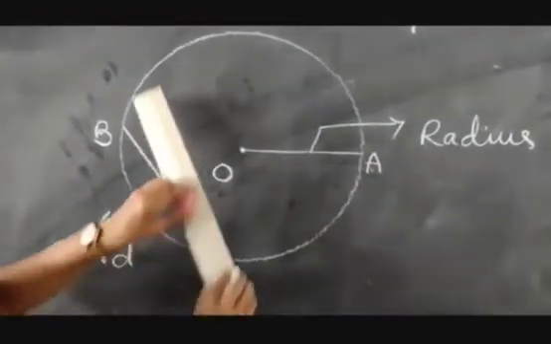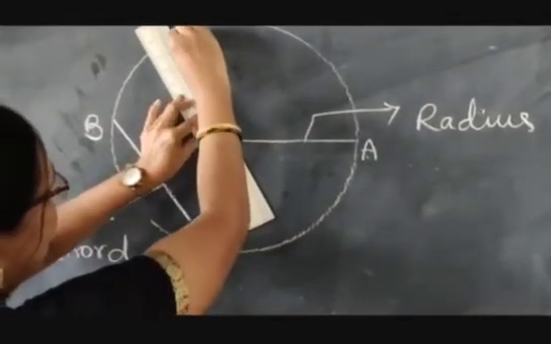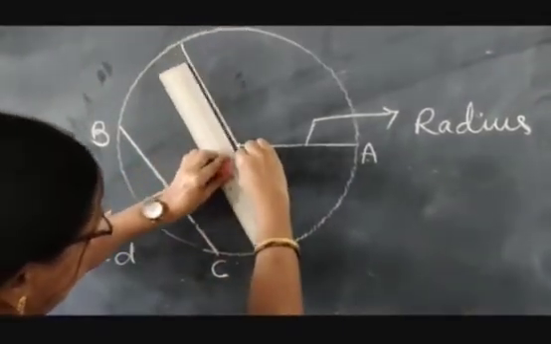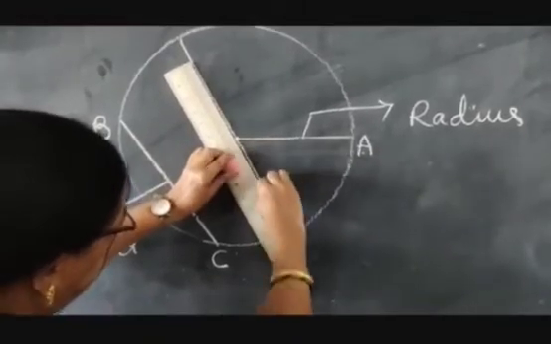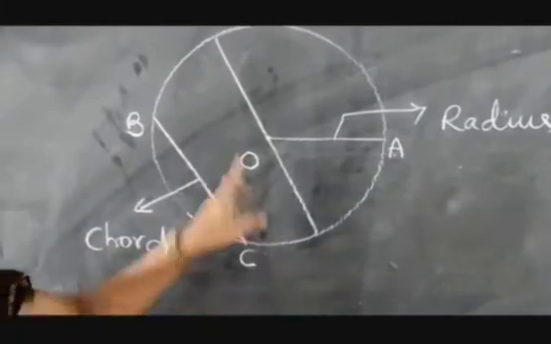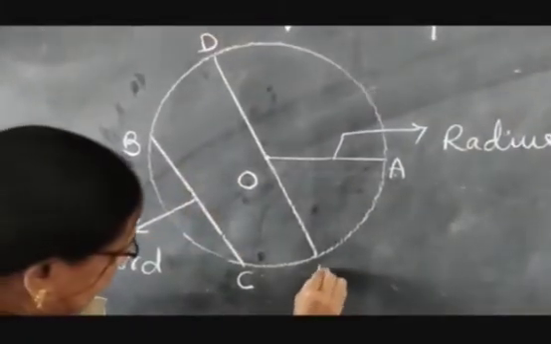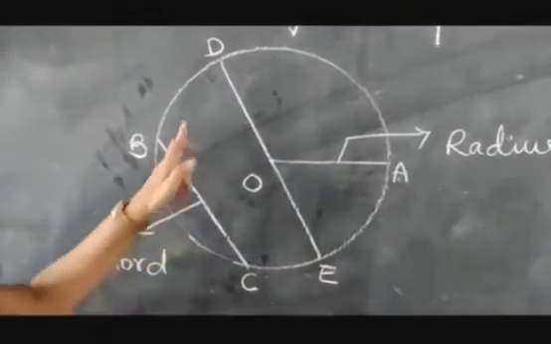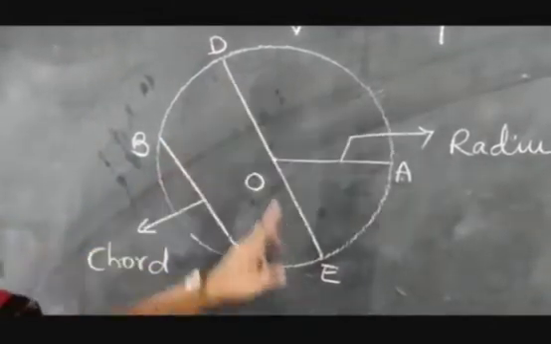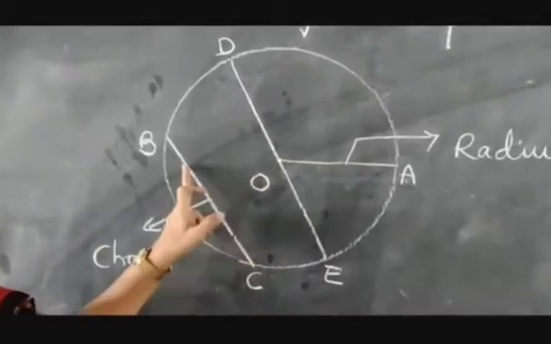Now, next, see, this is also called a chord. Any line segment that touches one edge to another edge of the circle is called a chord.